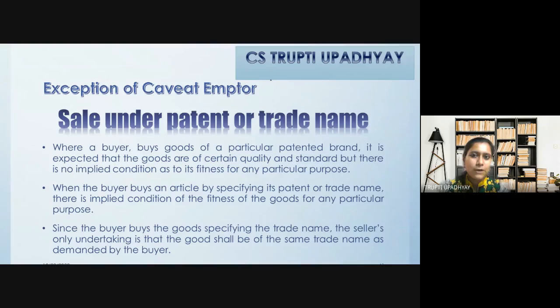Otherwise the buyer will not be taking those goods. And when the buyer is choosing Levi's, after being satisfied that Levi's will meet the purpose for which he wants to use the goods, then the product should be of such quality and standard that it meets the buyer's purpose and satisfies the buyer's demand.